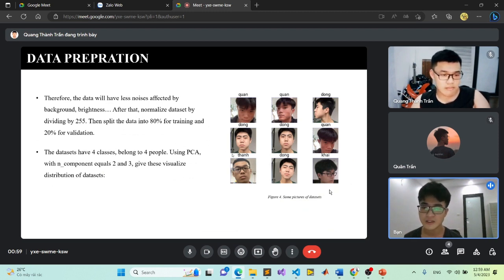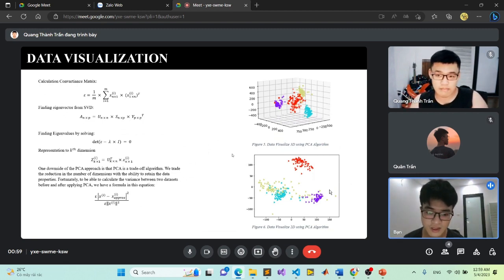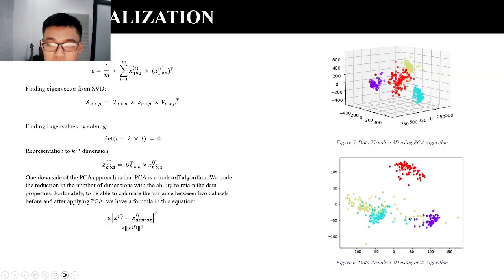By using PCA, we can see the distribution of our dataset like this figure 5 in 3D and figure 6 in 2D. Looking at the distribution, we can see SVM can solve the problem very well.